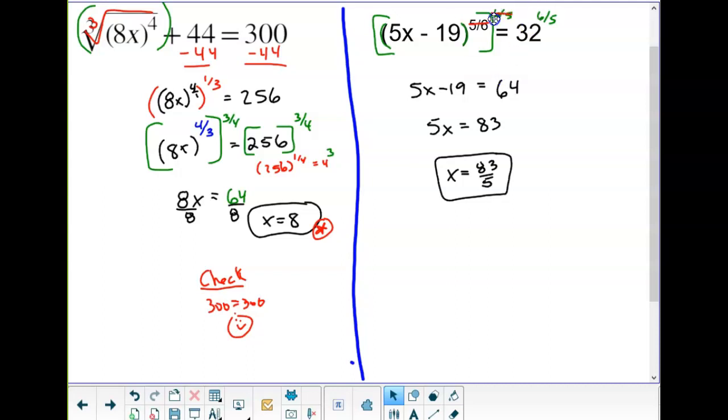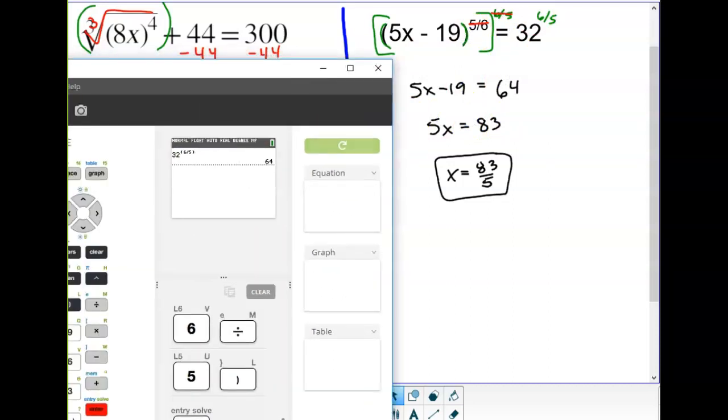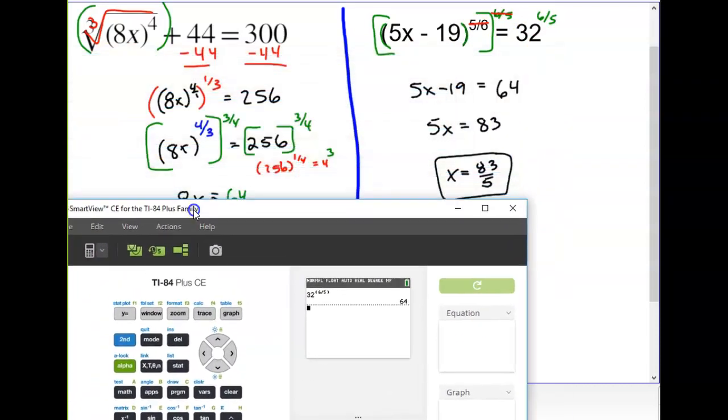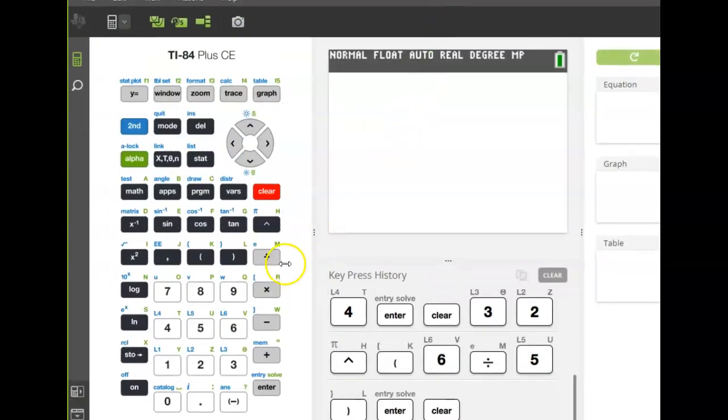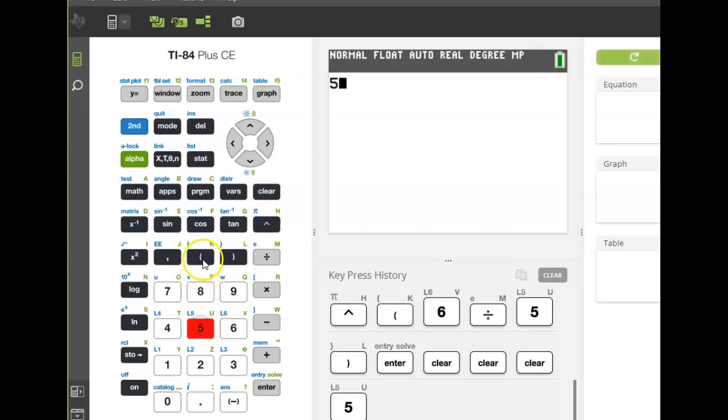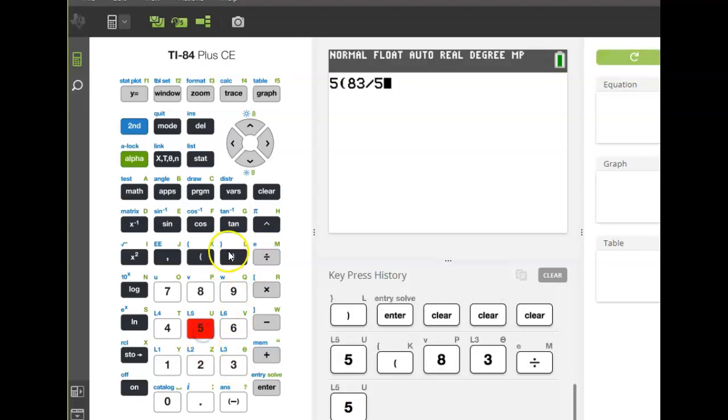But now I have to check this. And this is where I would just recommend using your calculator. So I've got 83/5. I have to do the inside part first. So I'm going to do 83/5 times 5 and then subtract 19. So let me figure this out. 5 times, and then parentheses, 83 divided by 5.